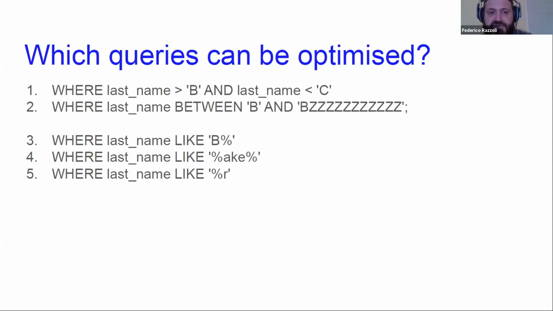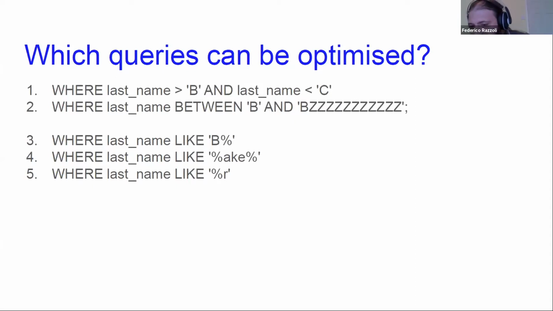Percentage in this context means any character, any sequence of characters, or no character at all. So the third query means where last name starts with a B, or is B. The next one is where last name contains a capital E, and the last example means where the last name ends with R.